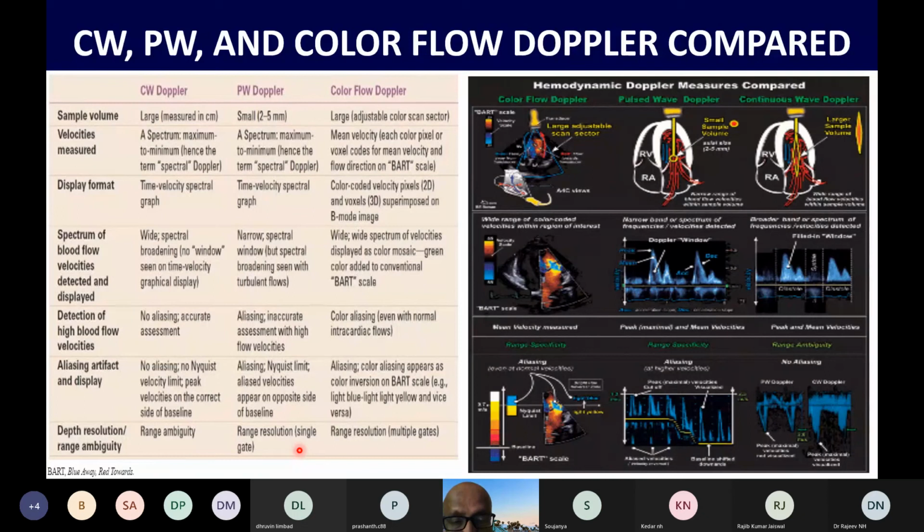You can measure the tissue Doppler velocities. The waves are S wave during systole and E prime and A prime during diastole. The systolic component is useful to measure the systolic function of the myocardium.